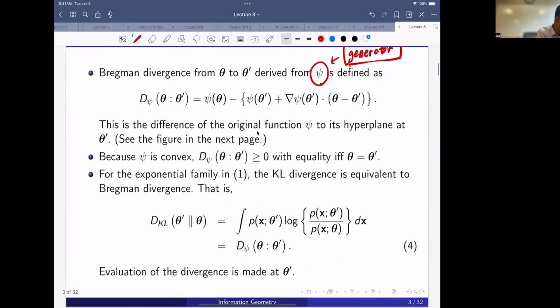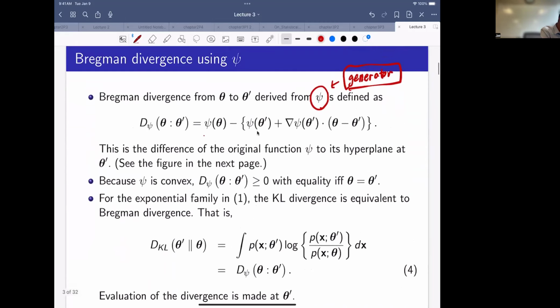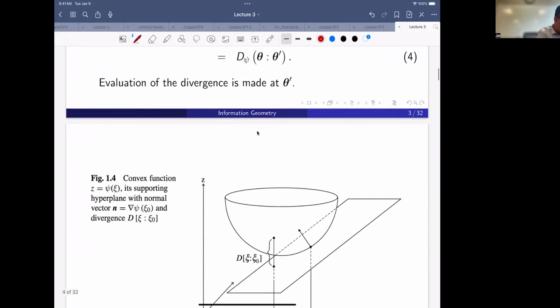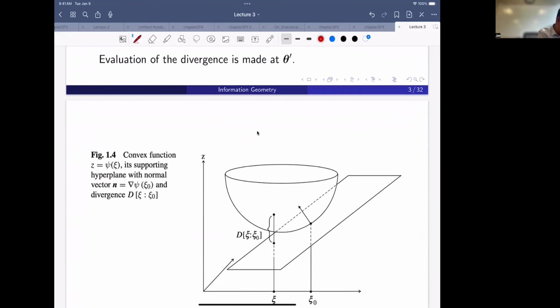So the meaning is, given psi theta, we have a tangent. Basically you linearize, and so this is psi theta, and this is actually psi theta null plus the derivative at theta null, times theta minus theta null.